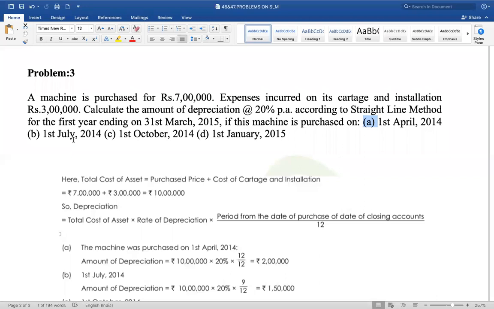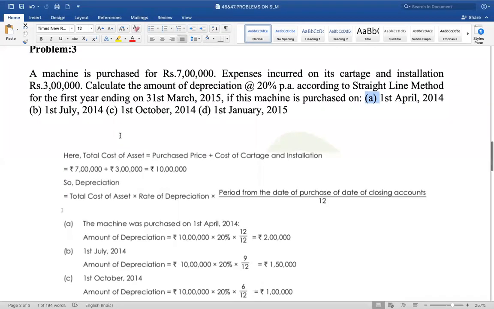The third scenario, if it is bought on 1st October 2014: October, November, December, 3 months of 2014, and January, February, March, 3 months of 2015, all put together 6 months.